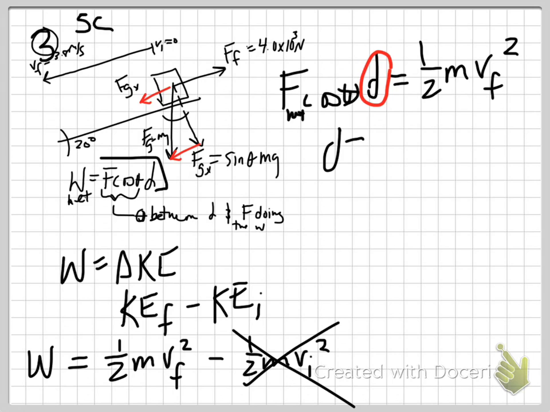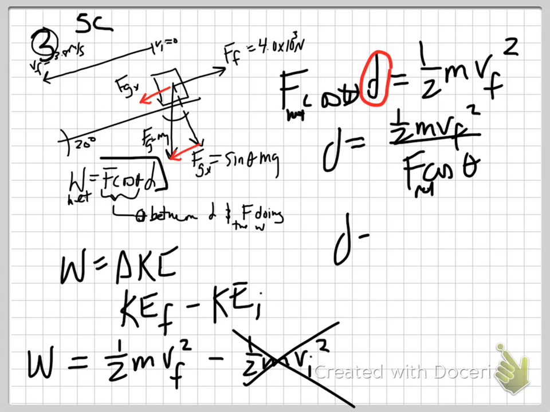So the distance is equal to mass times vf squared over 2 times F net cosine theta. And yes, of course, you can do distance equals m vf squared over 2 times the net force times cosine theta.